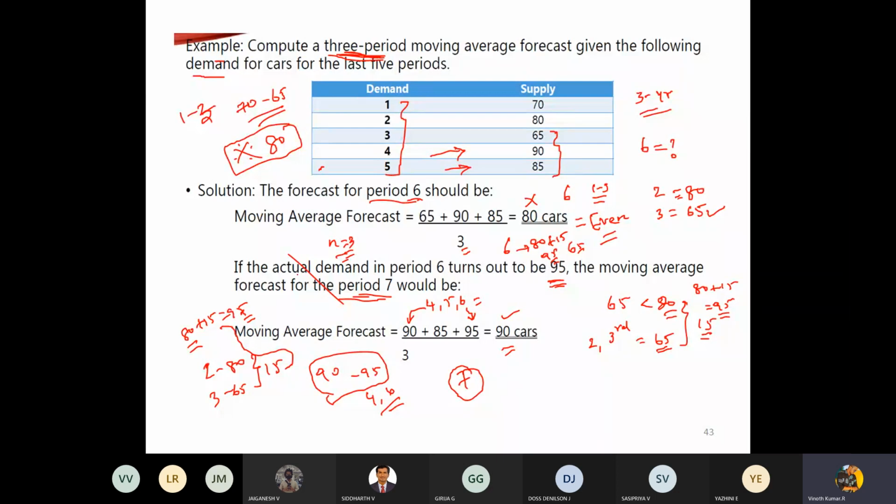We are going to find the forecast for the next planned period, January, which is equal to the simple average of the actual demand of the previous n periods.